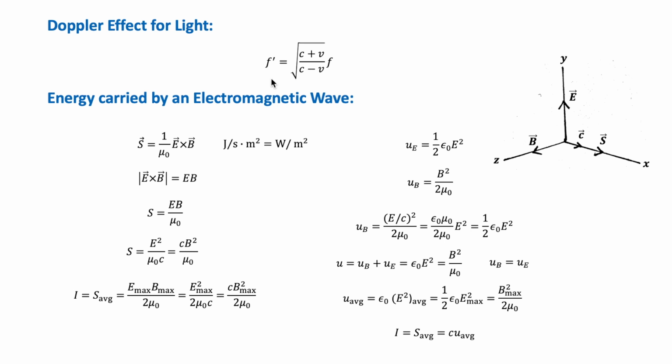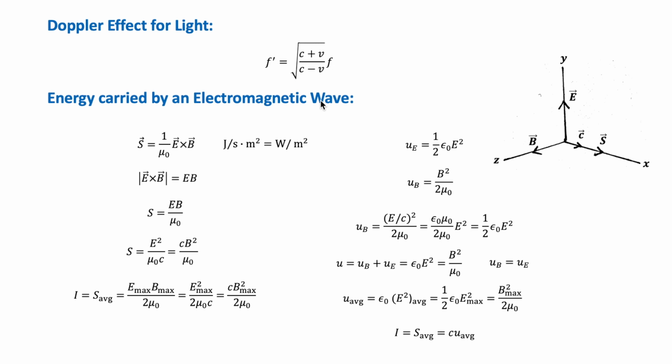So we will now discuss energy carried by an electromagnetic wave. In another video, we discussed how mechanical waves carry energy. Electromagnetic waves also carry energy, okay? And this energy can be transferred to objects along its path.